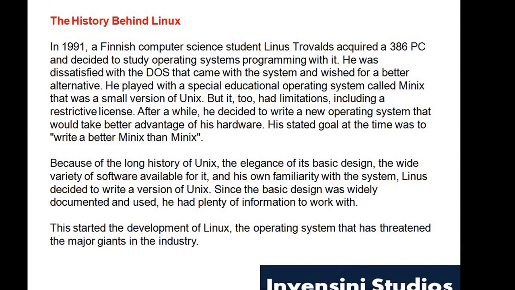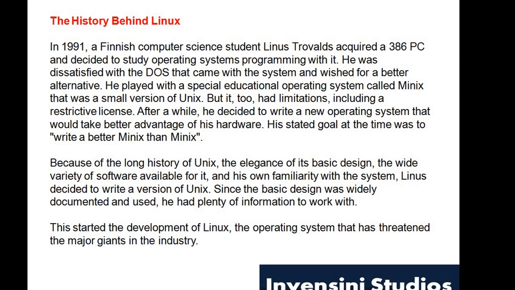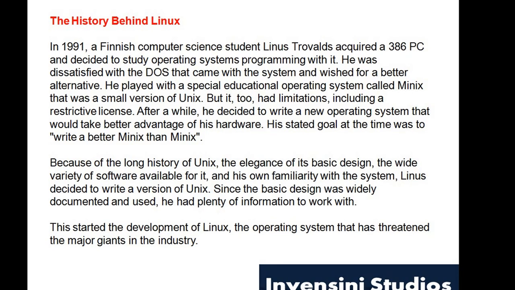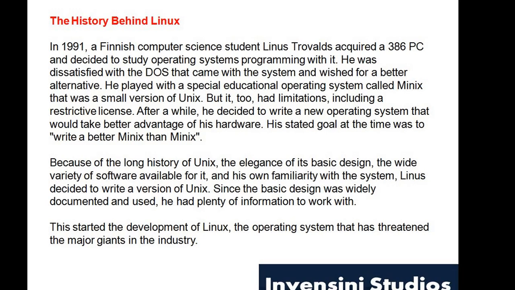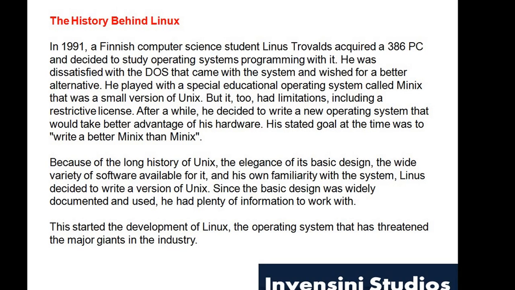Before we start learning any operating system, it's very important to understand how this operating system came into existence. The story starts from the Unix operating system that was conceived and implemented in 1969 by AT&T and Bell Laboratories in the United States, mainly by Ken Thompson and Dennis Ritchie, who had two other fellow scientists helping him out.